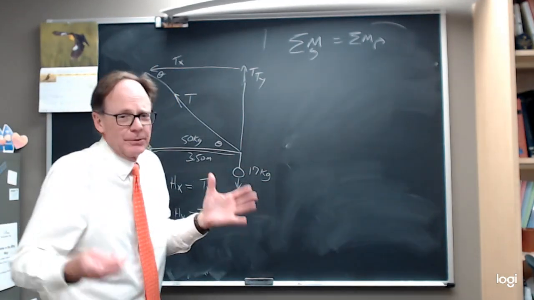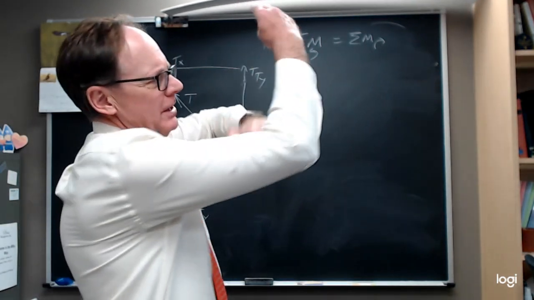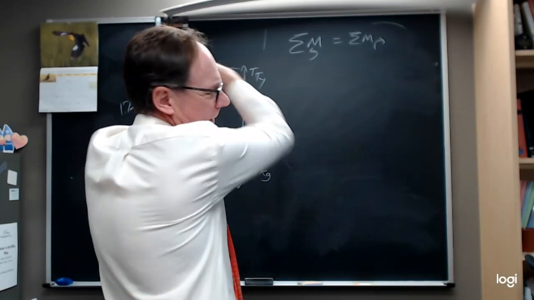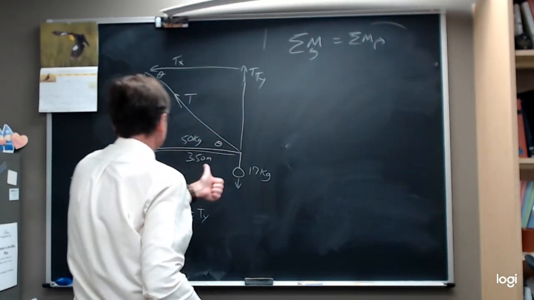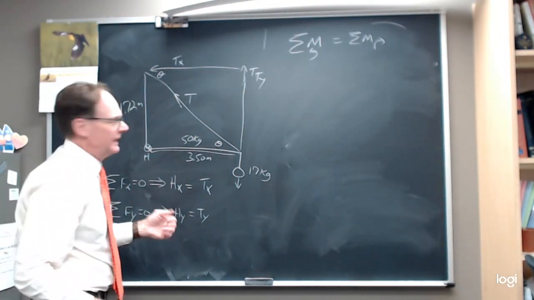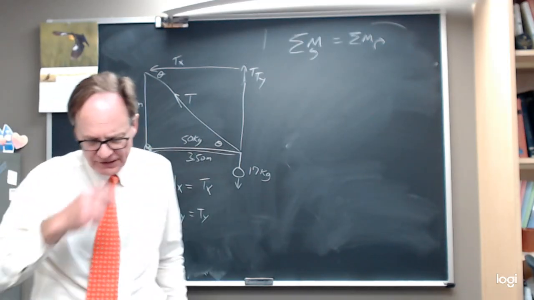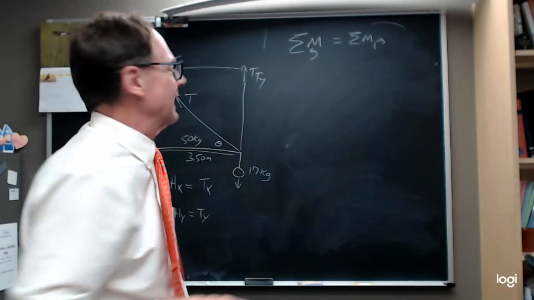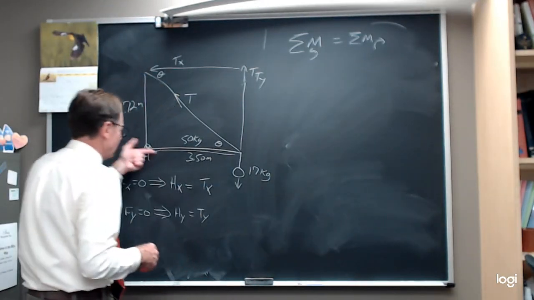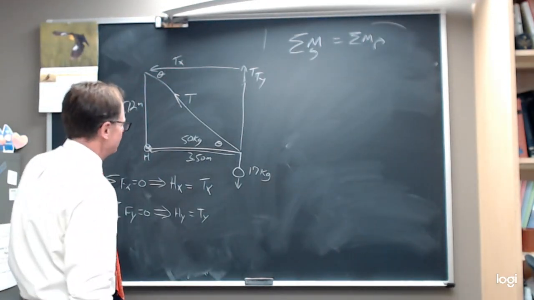So what the cable's doing, we're thinking about this. We got this beam, we got this cable that's pulling it against the wall. What keeps it from going through the wall is that there's a reaction force, a hinge force that pushes back in the opposite direction, or a normal force with the wall that pushes back in the opposite direction.